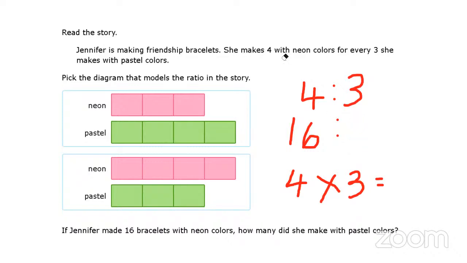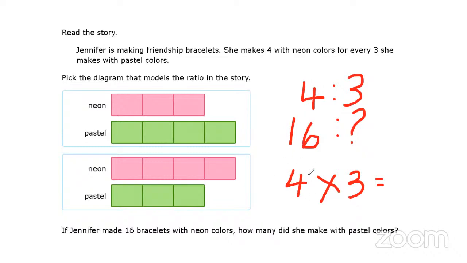All right, so for every 4 neon we have 3 pastel, but in this case, Jennifer made 16 neon. It is telling us then that every 4 out of the 16 that she made, 3 pastel. So how many groups of 4 can we get from the 16? So we'll now have to divide our 16 by 4, which would give us a quotient of 4.